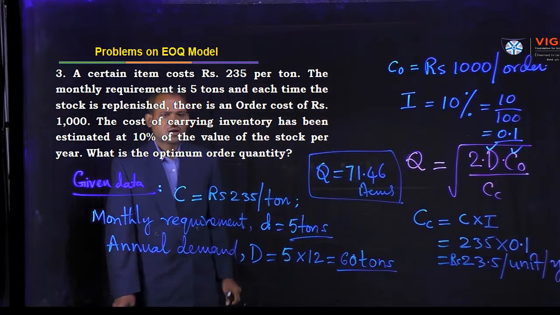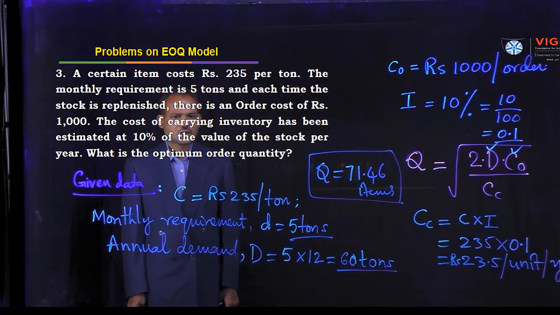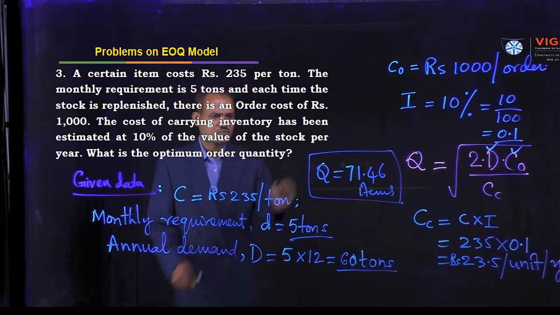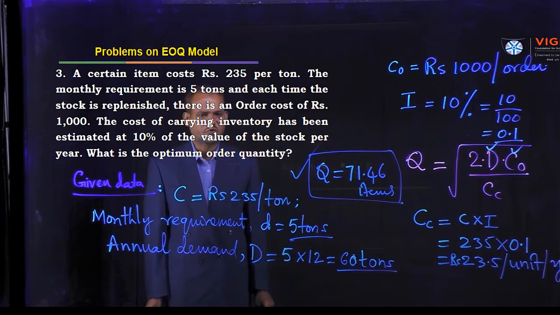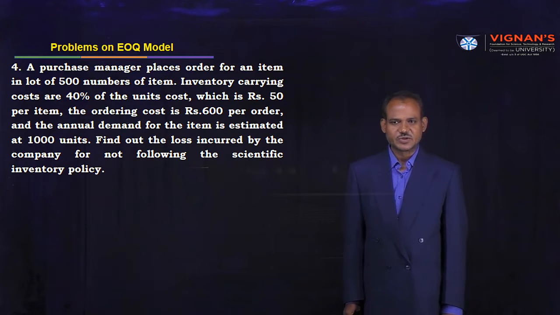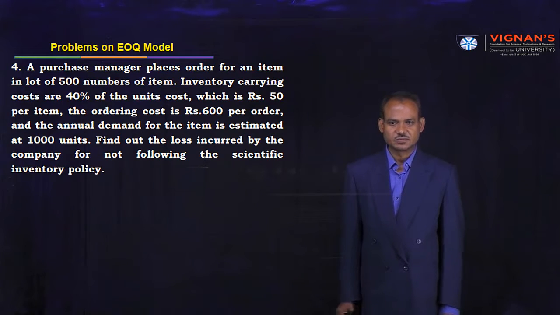This is the optimum ordering quantity. Answer is 71.46.